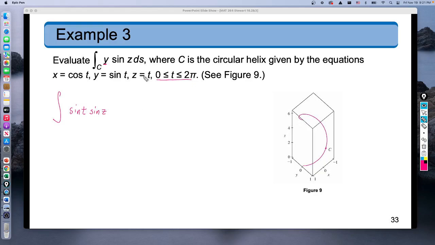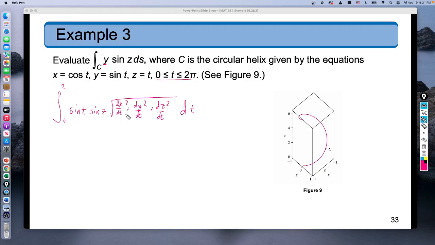ds, remember that's going to be the square root of dx dt squared plus dy dt squared plus dz dt squared, dt. We'll let t go from 0 to 2 pi.